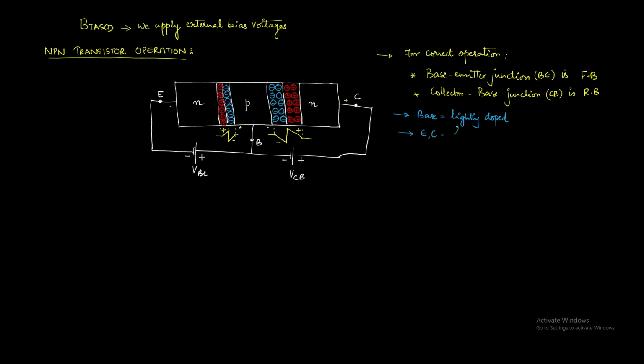And as we said, since the base is lightly doped and the emitter and collector are heavily doped, and since N has majority electrons and P has majority holes, what we observe is that because of the reduction in the barrier potential in the NP junction, the electrons are emitted into the base, and hence the name emitter.